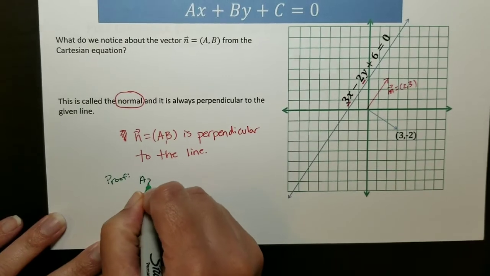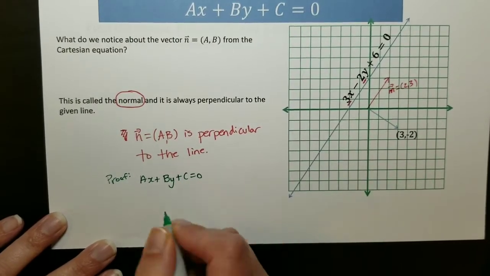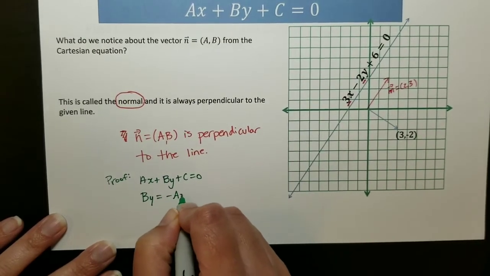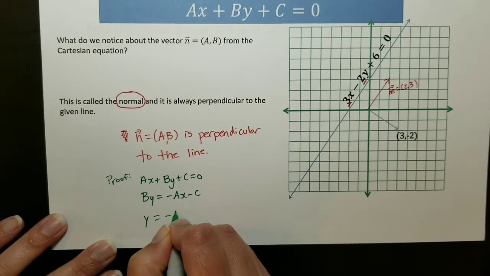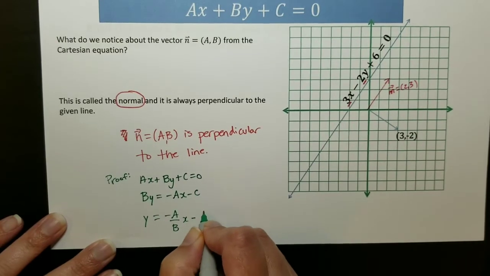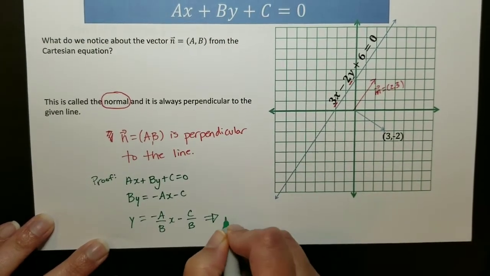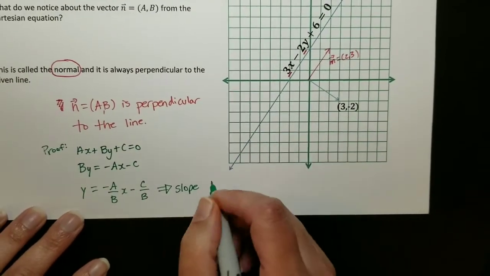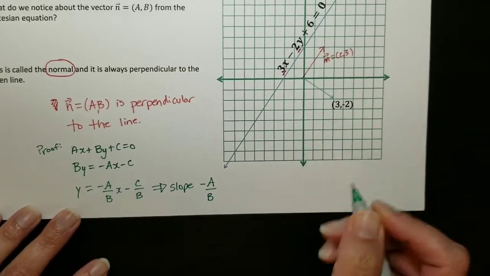So if we had ax plus by plus c equals 0, by equals negative ax minus c, and then y equals negative a over b x minus c over b. So here, this slope is negative a over b.